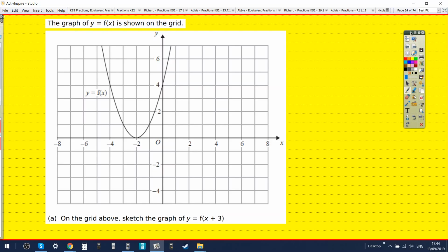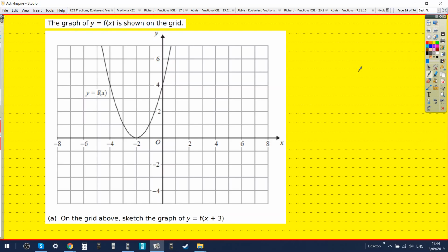The graph of y equals f(x) is shown on the grid. On the grid above, sketch the graph of y equals f(x plus 3). So it's going to be minus 3, so 3 to the left. I think it's going to become minus 5. And for a quadratic, can you find 2 other main coordinates?